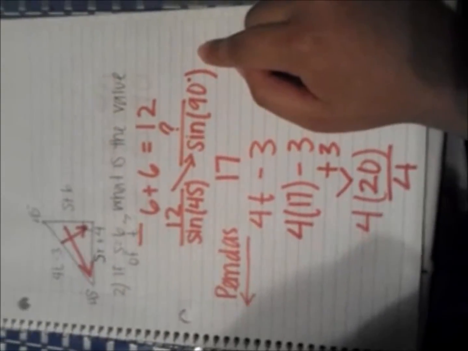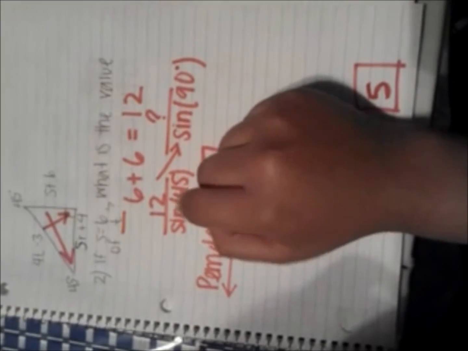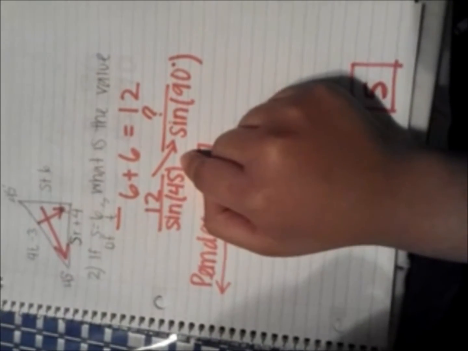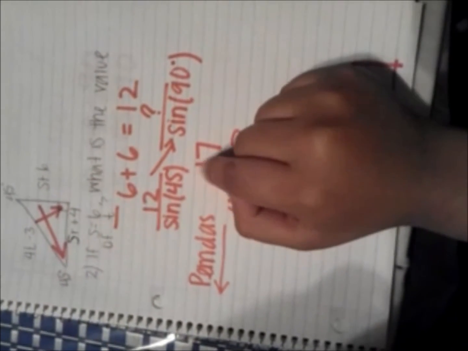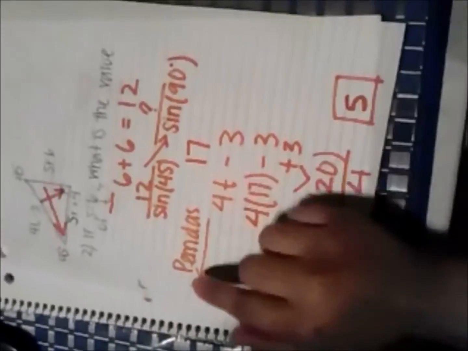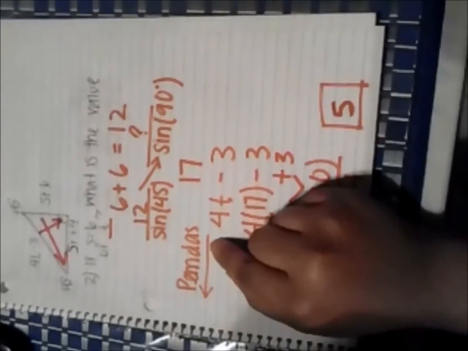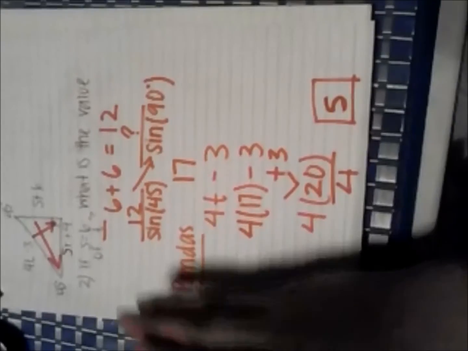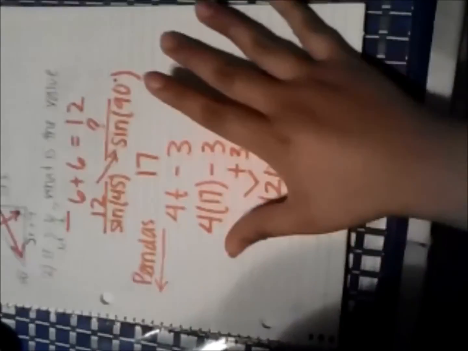Again, using our calculator, we multiply 12 times sine of 90 divided by sine of 45, and we get 17. Okay, but we're not done. We have to plug it in now, and in this situation, we are doing it backwards. So instead of using parentheses first, we're doing subtract, add.